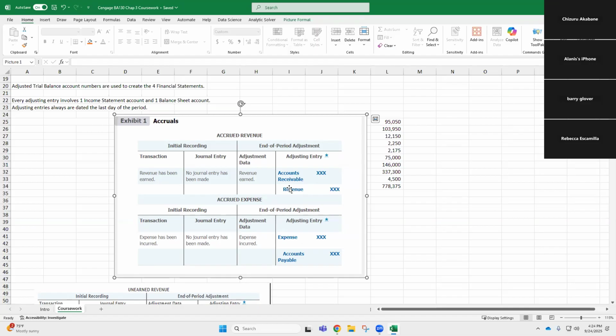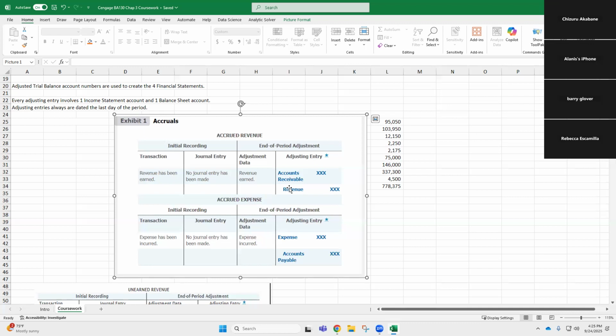So let's put accounts receivable. The adjusting entry will be accounts receivable going up and fees earned going up for the revenue account. So I am going to put the word revenue here. Make sure you know that fees earned is a revenue.